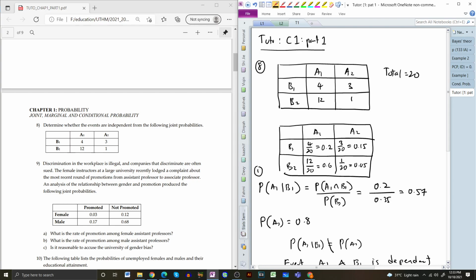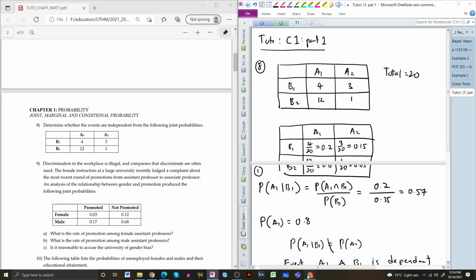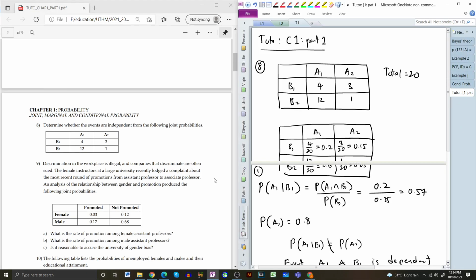Doctor, my question for number 8. Since they asked whether the events are independent, does it mean we have to show the calculation for all the combinations?